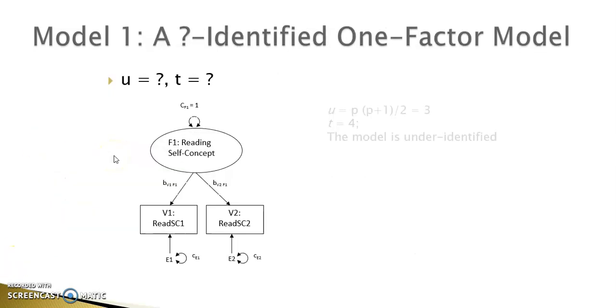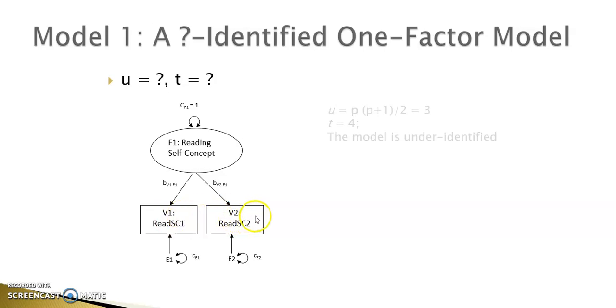In the first scenario, there is one latent factor with two measured indicators. We use the unit variance identification to set the variance of the latent factor to 1. As such, there are 4 parameters to be estimated: the 2 factor loadings and the 2 error variances of the indicator variables.